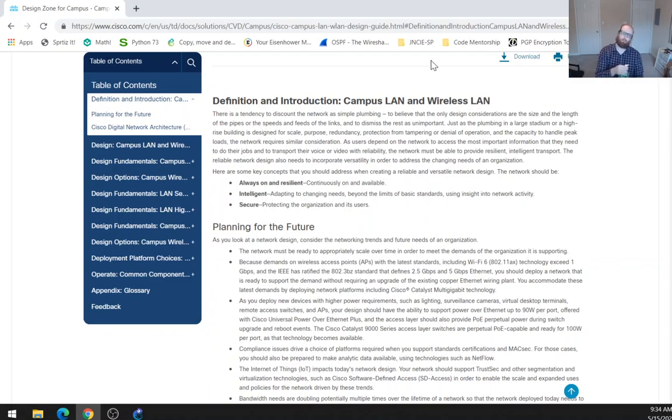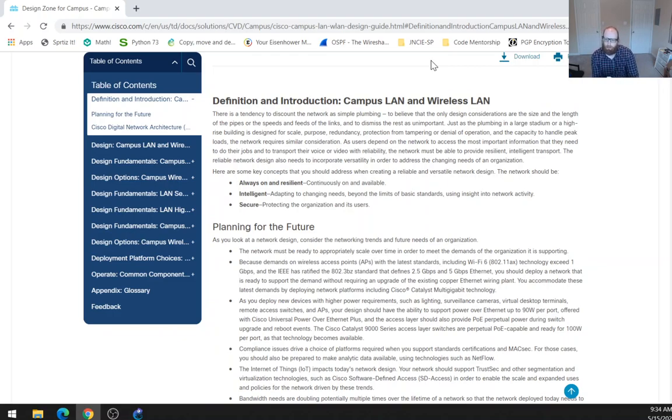Alright, so this is the definition and introduction: campus WAN and campus LAN and wireless LAN. There is a tendency to discount the network as simple plumbing, to believe that the only design considerations are the size and the length of the pipes or the speeds and feeds of the links, and to dismiss the rest as unimportant.